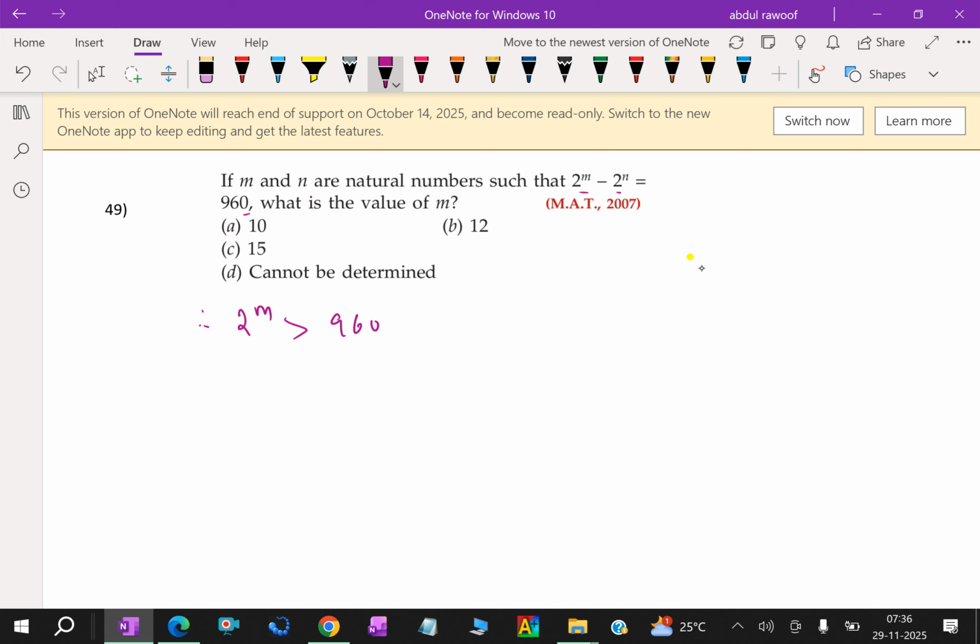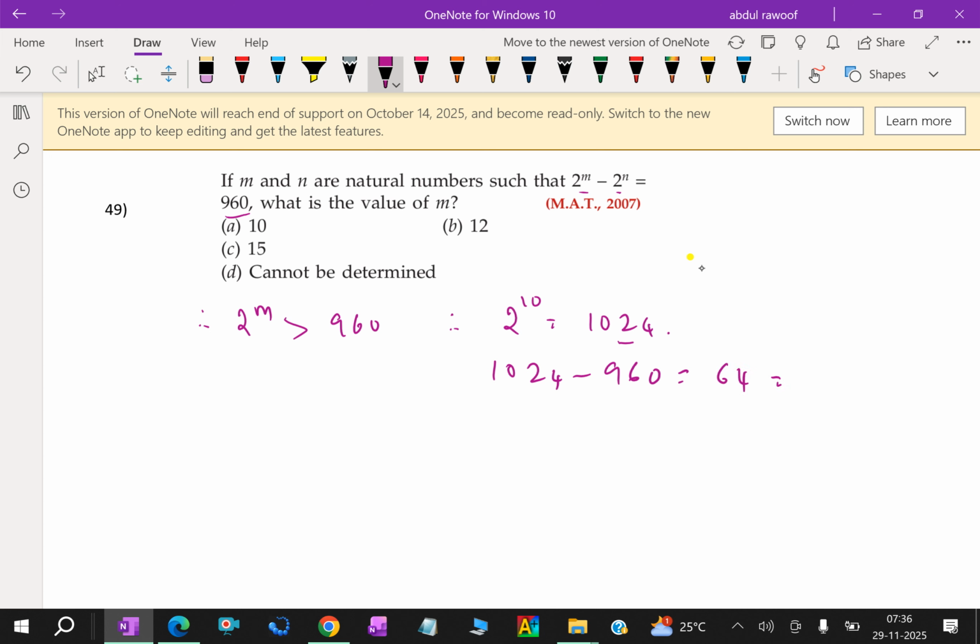The least value of m is 10. Now 2 power 10 is 1024, which is greater than 960. Therefore, we can say 2 power 10 is 1024, and 1024 minus 960 equals 64.